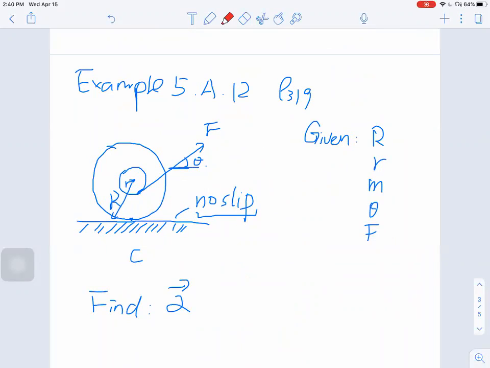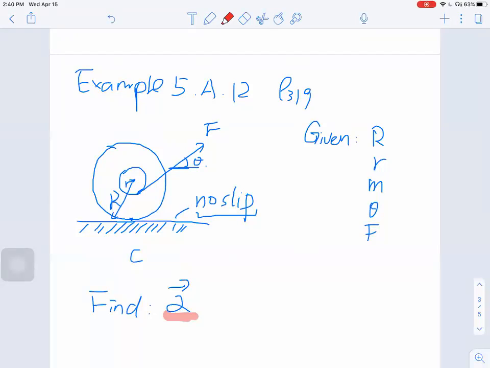Okay. So this example is pretty similar to 5A11. We're both trying to solve for alpha, which is angular acceleration. How to solve this problem? The same thing. Follow the 6-step approach and find all the equations you may need.